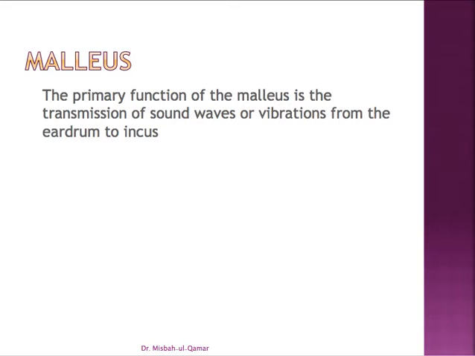Now, the handle of the malleus is attached to the internal surface of the eardrum, and the head of the malleus is attached to the body of the next bone, that is incus. So, what function does it perform? The primary function of the malleus is the transmission of sound waves or vibrations from the eardrum to the next bone, that is incus.